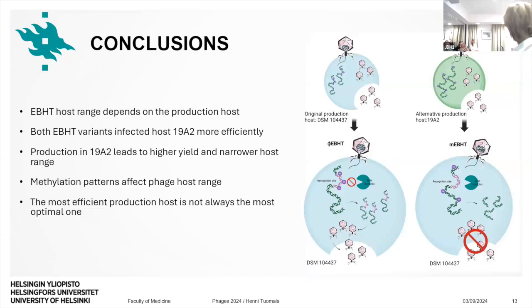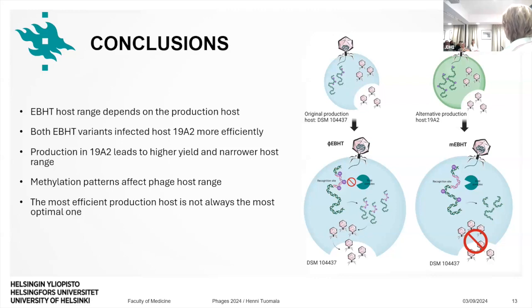So in conclusion, depending on the production host, the phage genome is methylated differently, and that defines whether the phage infection can proceed. So the EBHD host range depends on the production host.